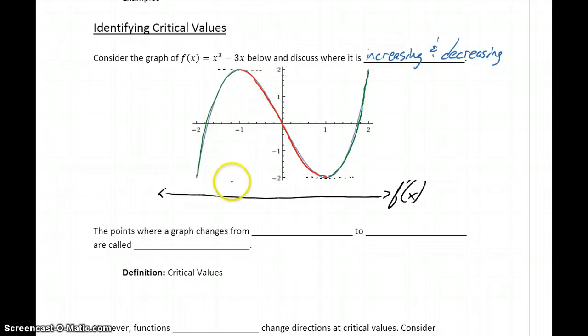So anytime we have a horizontal tangent line, the derivative is going to be equal to 0 at that point. In this case at x equals -1, and then again at x equals 1, our derivative has a value of 0. Because whenever our derivative is equal to 0, that means our tangent line has a slope of 0, so the graph is horizontal for just that instant.